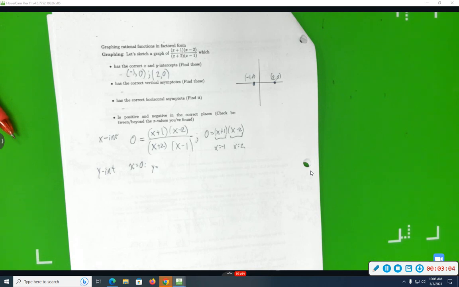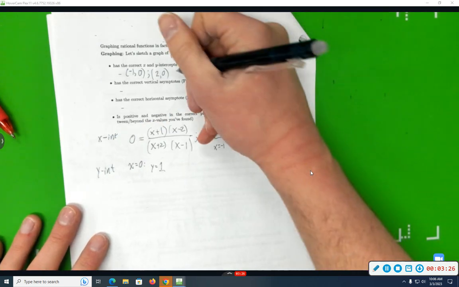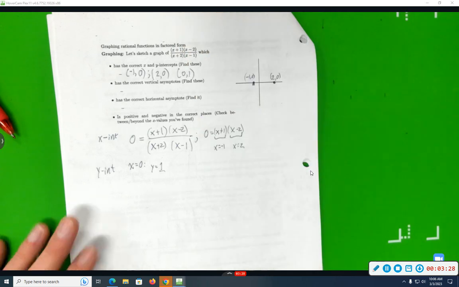I hear (0, 1). Do I hear a second for 1 or a different answer? Okay, 1 is fine. I just wanted to see if I should belabor the point. All right, so (0, 1).